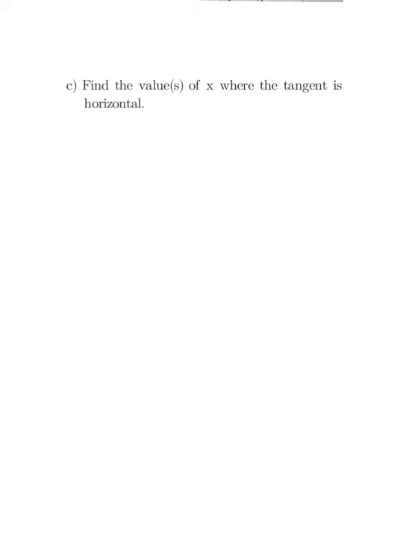So if you want to find where the tangent is horizontal, then you want to find where the slope of the tangent equals 0. What did we say the slope of the tangent was? It was the derivative. So in other words, you are finding where the derivative, f prime or y prime, whatever your name is, equals 0.